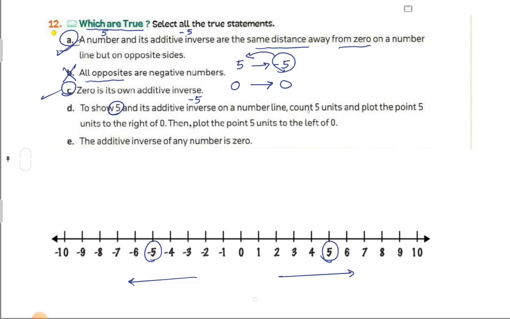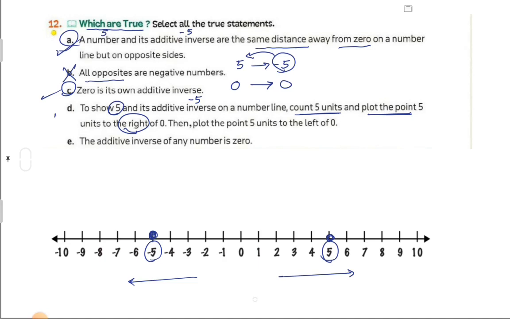On the number line, count 5 units and plot 5 units to the right. Then plot 5 units to the left of 0, just 5 units here, negative 5. So we have 5 and negative 5. It's 5 units to the right of 0 and 5 units to the left of 0.